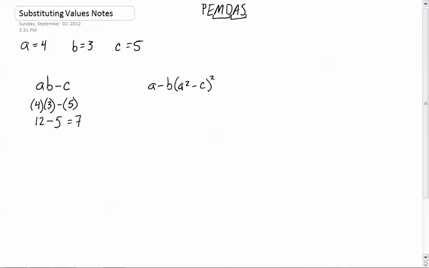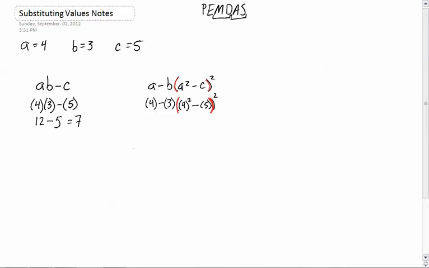Okay, so again, we're just going to put those numbers in. For A, I'm going to put 4. For B, I'm going to put 3, and again, I'm putting them in parentheses. A squared, so 4 squared minus 5, and then all of that will be squared. Okay, now you'll notice that these parentheses right here are important, and that's because that's the first part of our PEMDAS, right?